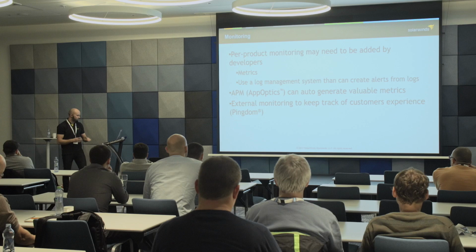You can use an APM solution like AppOptics that will immediately extract tons of valuable metrics and push them to the monitoring system without you as a developer doing that much. So it gets a lot of metrics for free. Obviously, you should keep going forward, monitoring the end user experience, and Pingdom is typically a good choice for that. So that's also something you want to consider.